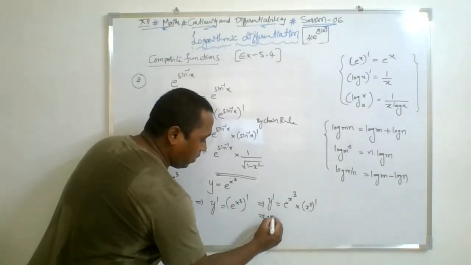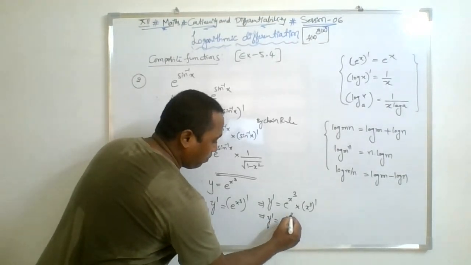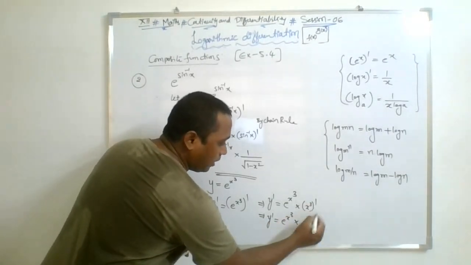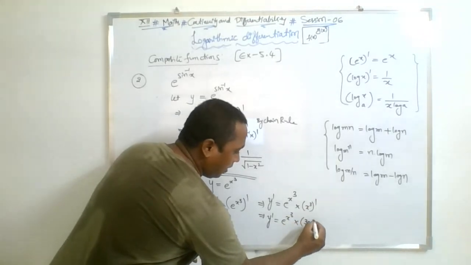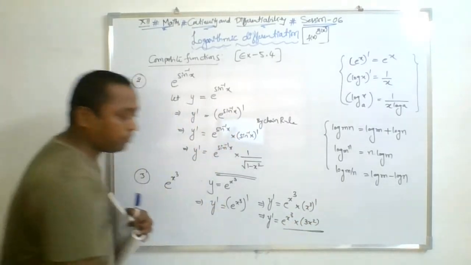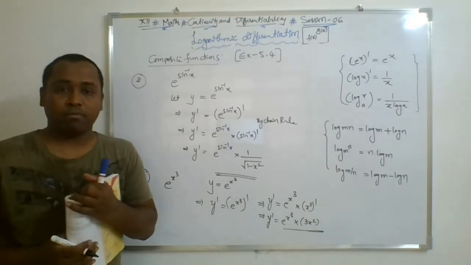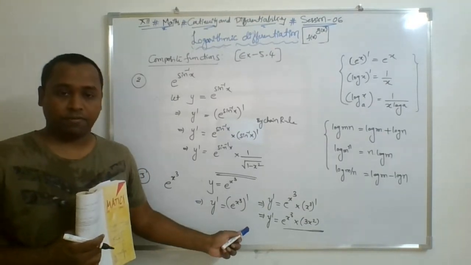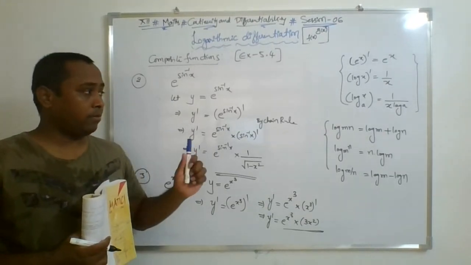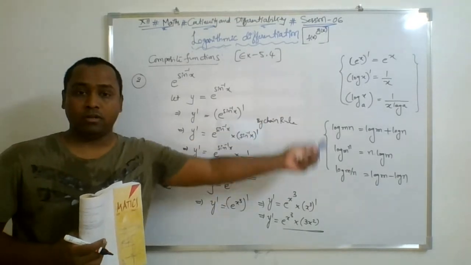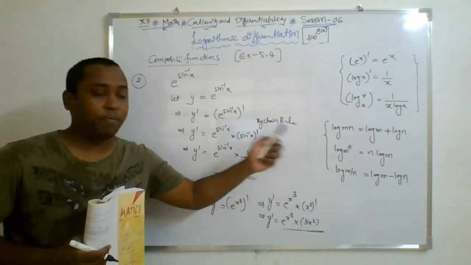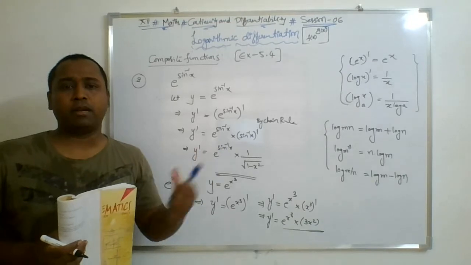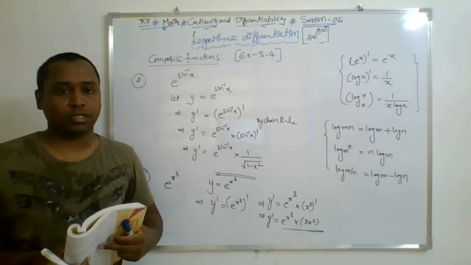So y dash equals e to the power of x cube into the derivative of x cube, which is 3x square. Answer over. It's so simple to do the derivative of these functions. But before that, you must know the formulas and properties of logarithm and a little bit of knowledge of logarithmic functions.